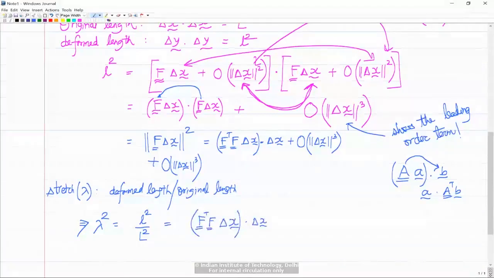See, this bracket is really important. Don't think that you can write it as F transpose F and then delta x dot delta x. So if you do this, this is of course not correct.